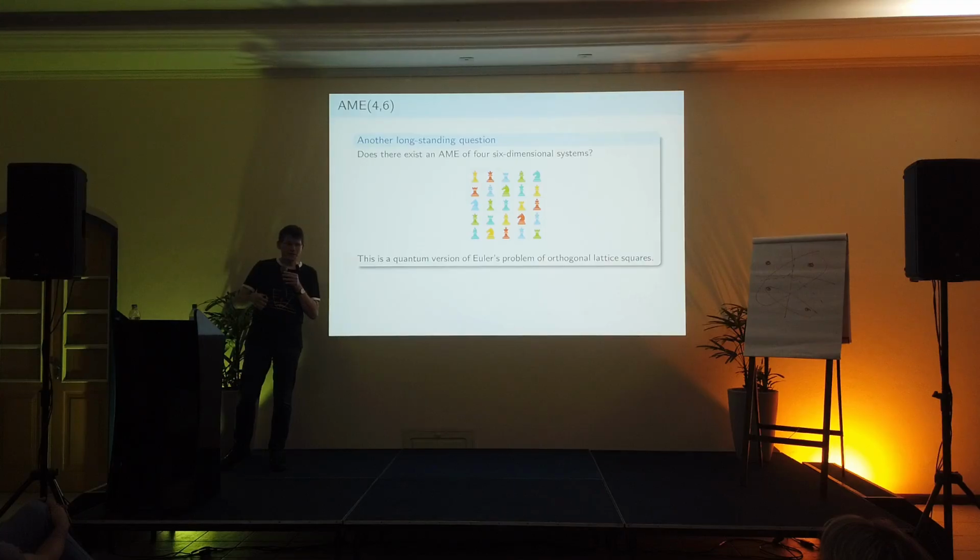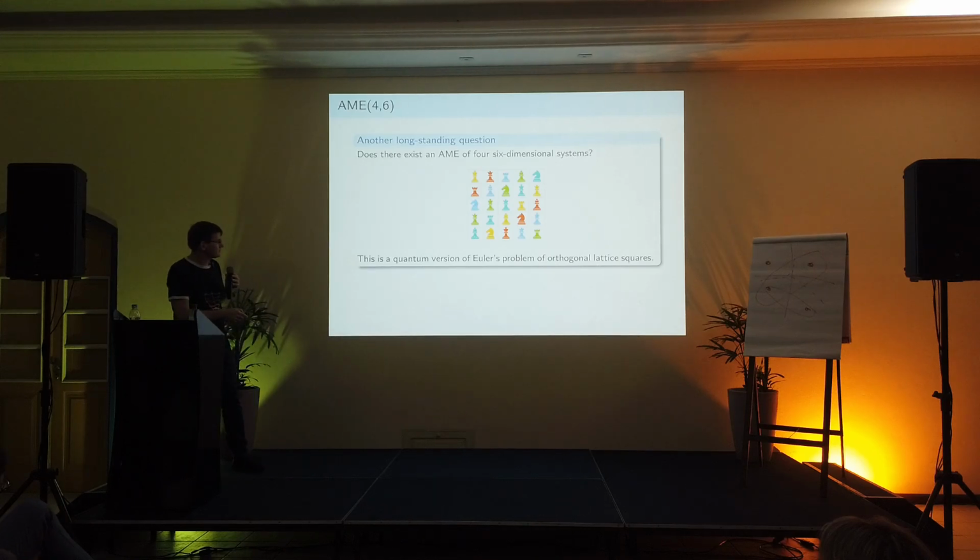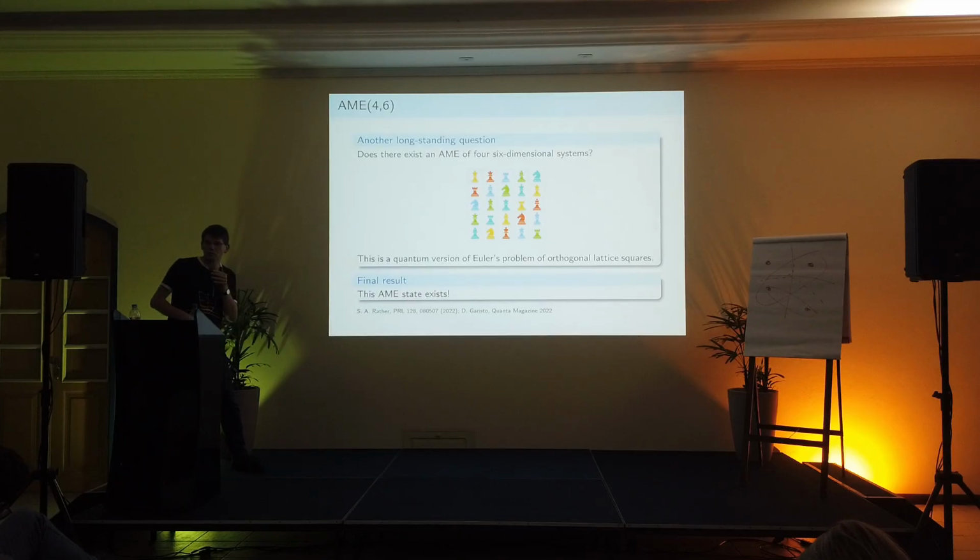But for 7 times 7 and for 8 times 8 you can find it again, for any other dimension. So this was something like a coincidence. And actually one can show that this AME state exists, and one can see it as something like a quantum version of this problem. In a sense, you do not look for a permutation that has certain properties, but you look for a certain unitary matrix.